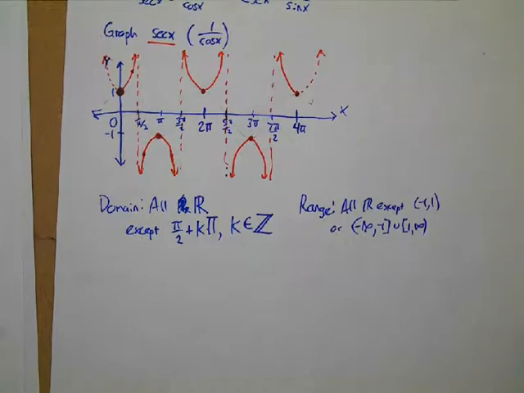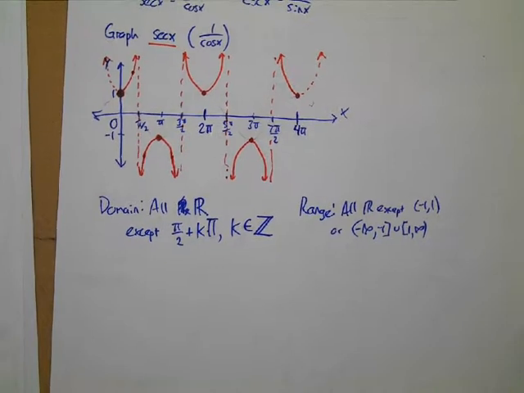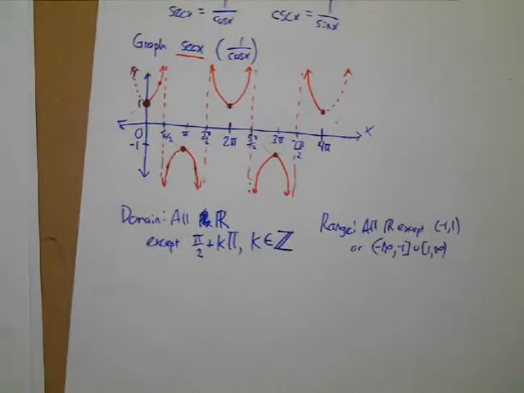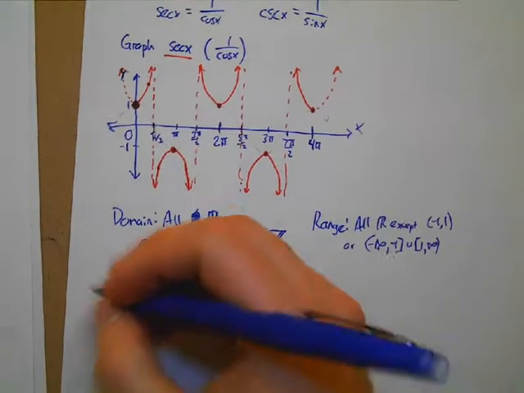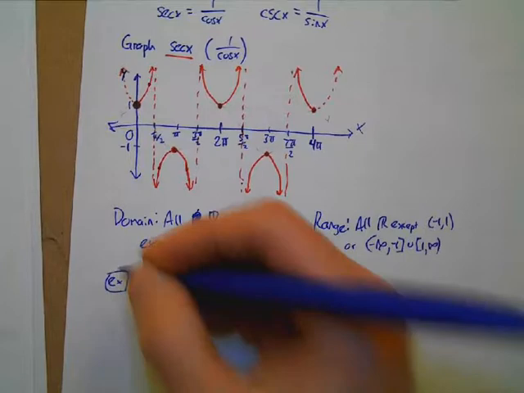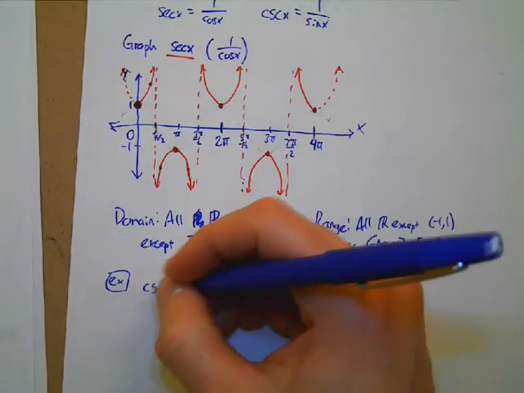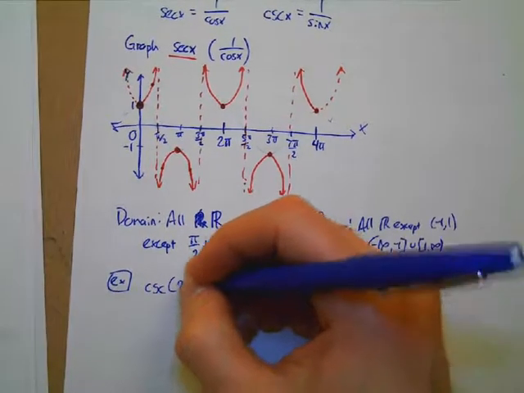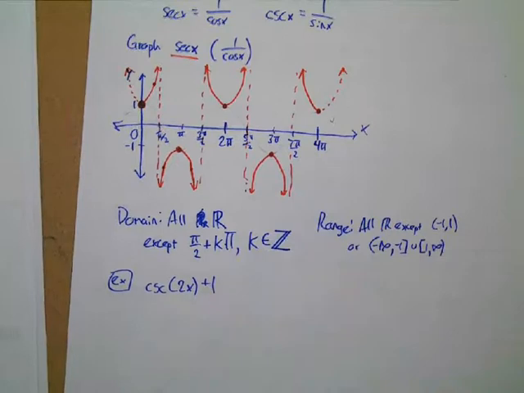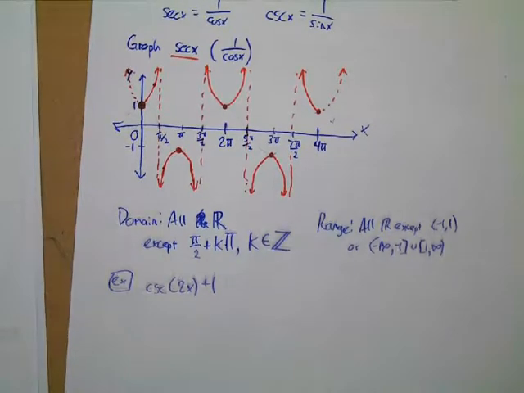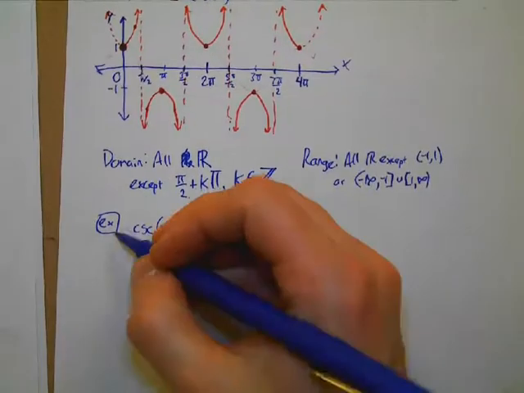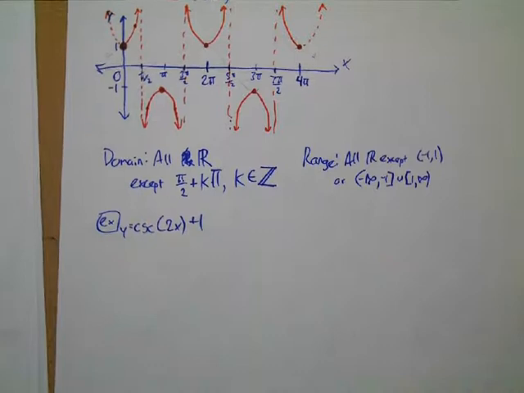All right, so we'll do one together here with cosecant, and then we'll move into tangent and cotangent. So let's do cosecant of 2x plus 1. We're going to graph this. Now, what's the reciprocal of cosecant?